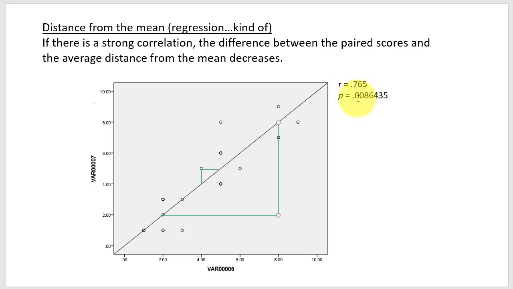We know it's positive, but we also know that it has a p-value of 0.00864335, which means that the likelihood that we find this strong of a correlation is much less than 0.05. It's actually 0.008. So that's just interesting, just to put a number to it. So this is a strong positive correlation. It's significant.